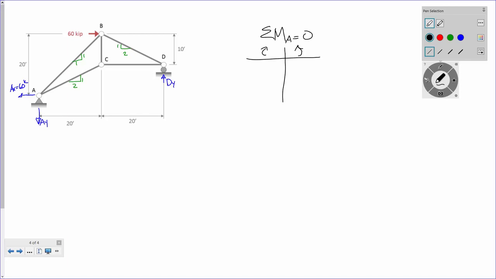So, summing moments at A, I got 60 kips acting at a moment arm of 20 feet. I'm going to go a little faster with this stuff since I think y'all are starting to get a little familiar with it. And I've got DY acting at a moment arm of 40 feet. Right? That's it, isn't it?